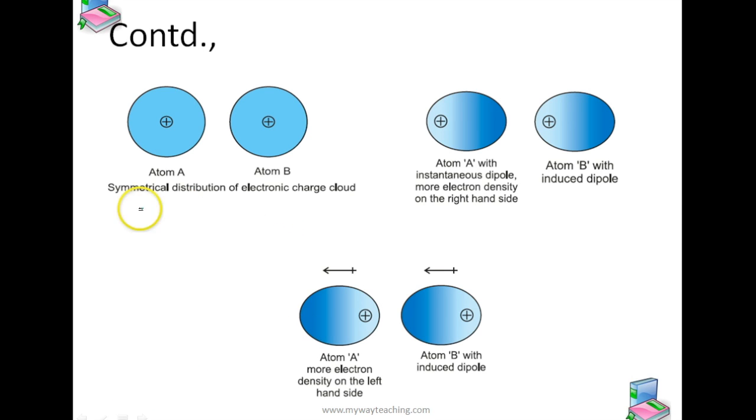See here, this is figure A. This can be understood as follows: suppose we have two atoms, A and B, in the close vicinity of each other, as shown in figures A, B and C. It may so happen that momentarily the electronic charge distribution in one of the atoms, say atom A, becomes unsymmetrical.